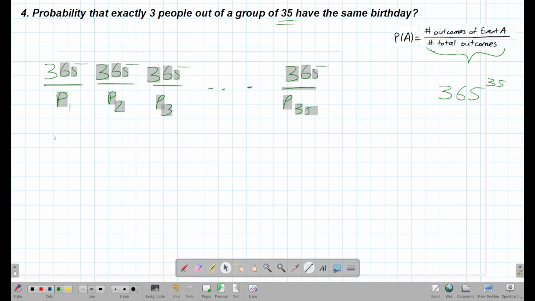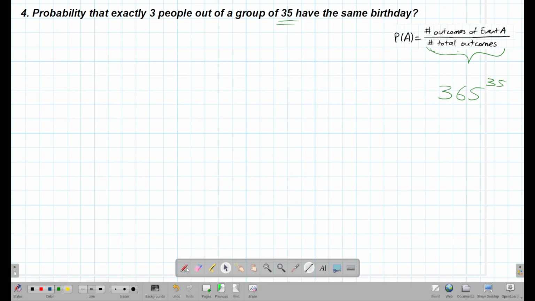Okay, nice. Now we have to consider our event. So our event is for exactly 3 people out of a group of 35 to have the same birthday. So first thing we're going to do is pick one day for those 3 people to have their birthdays on.